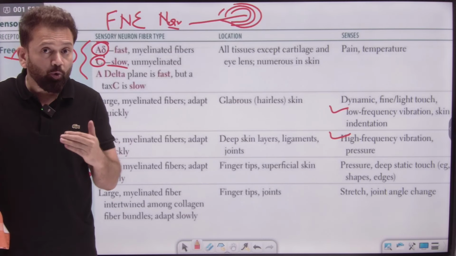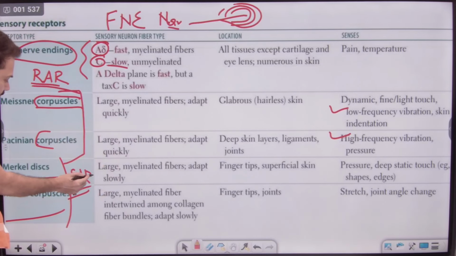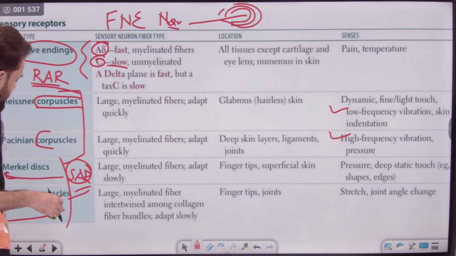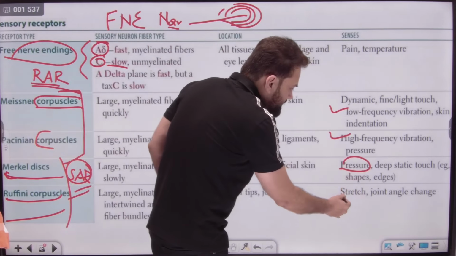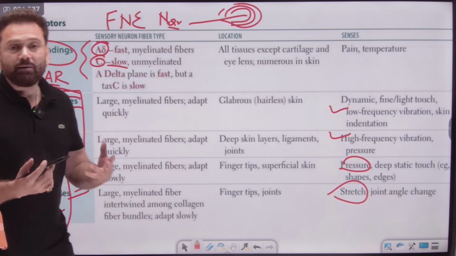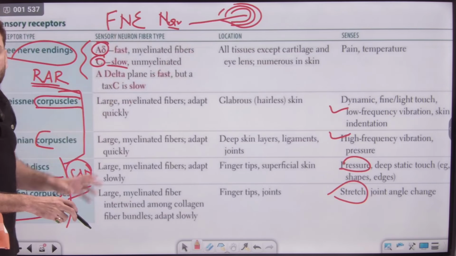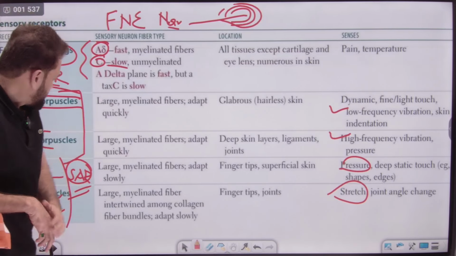So they are called slow adapting receptors or tonic receptors. Merkel disc is mainly for pressure, deep static touch, and Ruffini is for stretch and joint angle movement. So at least minimum you must know this much about your neurocutaneous receptors.